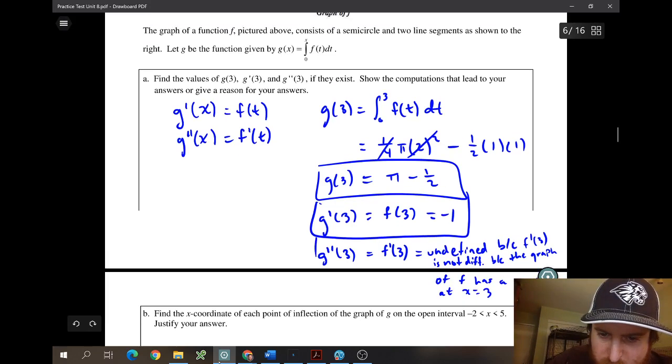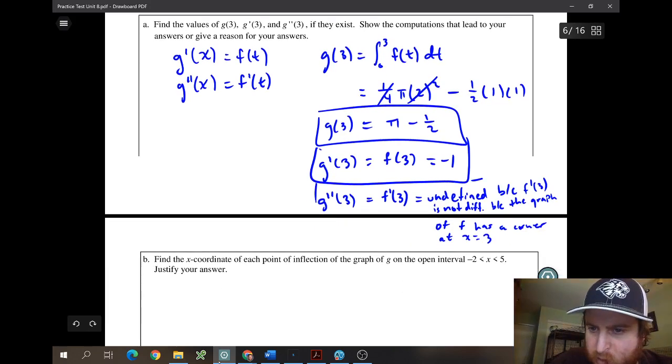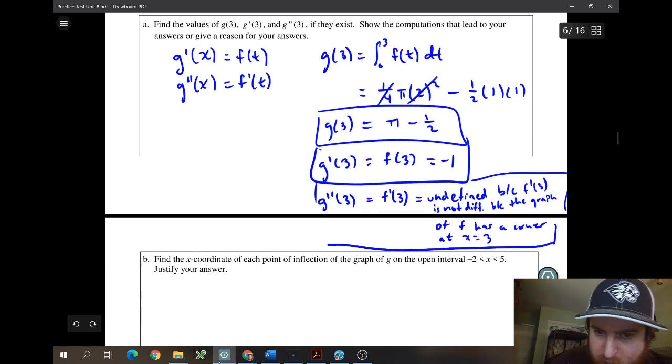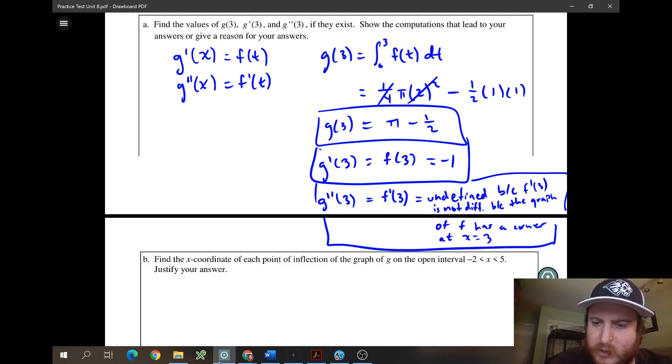Okay, we do want to really fully explain that, right? We want to make sure that we fully explain that answer, that we're saying it's not differentiable, and then why is it not differentiable? Because the graph has a corner at x equals 3. We want to be specific there.